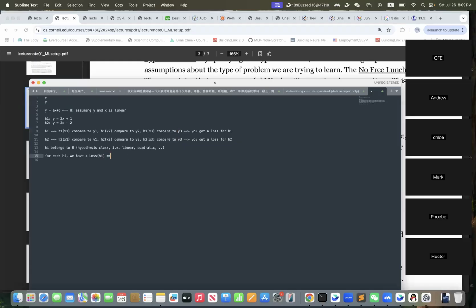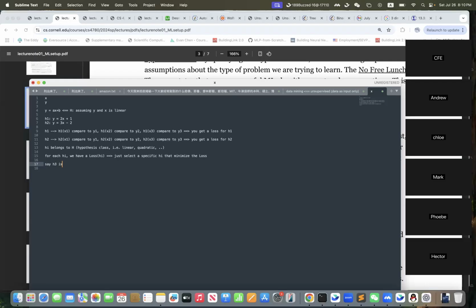Then we just select a specific hi that minimizes the loss, right? For example, h1 has a loss, h2 has a loss, and h3 has a loss. If the loss for h3 is the smallest one, then of course we will choose h3.